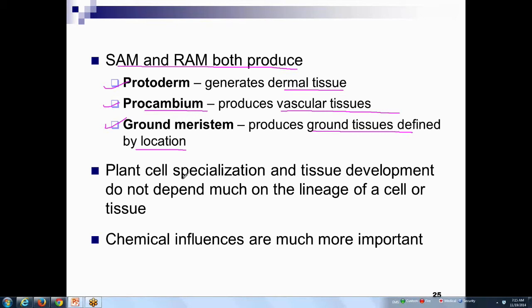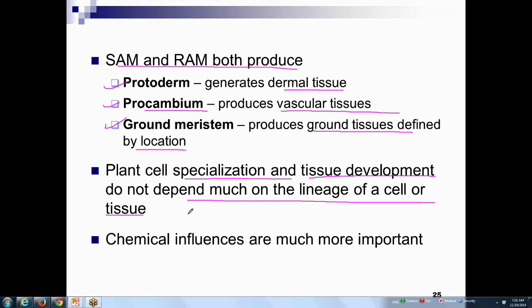So plants' cell specialization and tissue development does not depend much on the lineage of a cell or tissue. As cells go from shoot apical meristem and root apical meristem, these undifferentiated cells start developing into protoderm, procambium, and ground meristem, eventually developing into epidermis or dermal tissue, vascular tissues, and ground tissues. The whole process doesn't depend so much on their lineage.